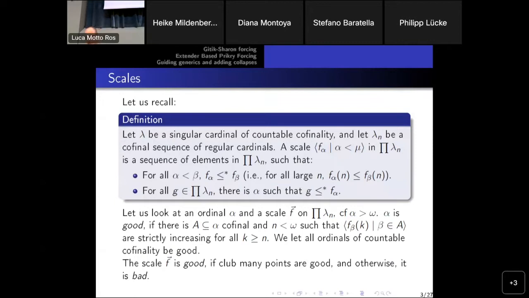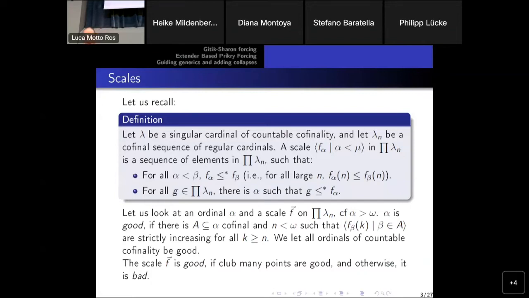Now think about how we can try to construct a scale. Typically, we define some f alpha by induction, each time trying to make it larger and larger. When we get to a limit point, if it is of countable cofinality, we can typically take some diagonal function.